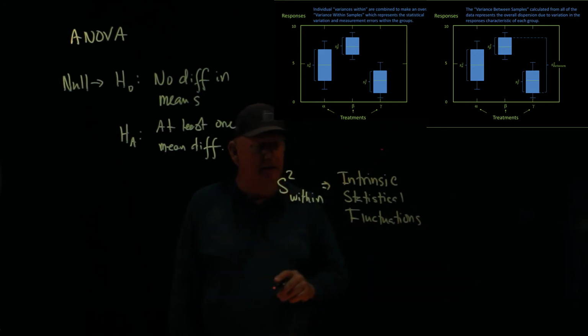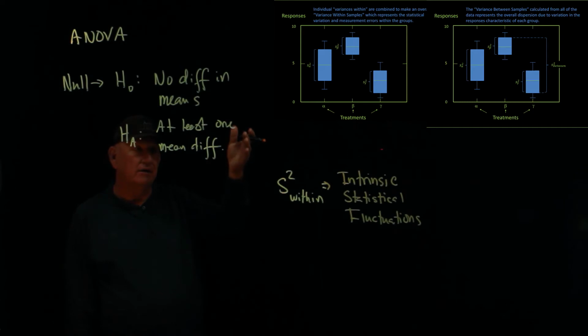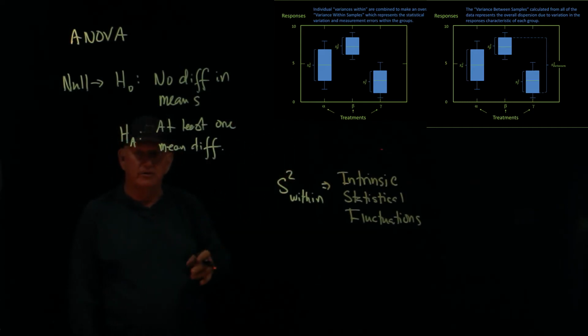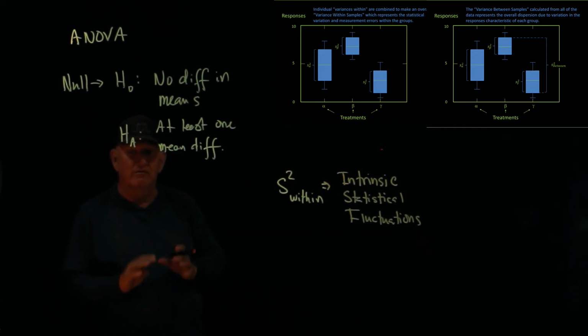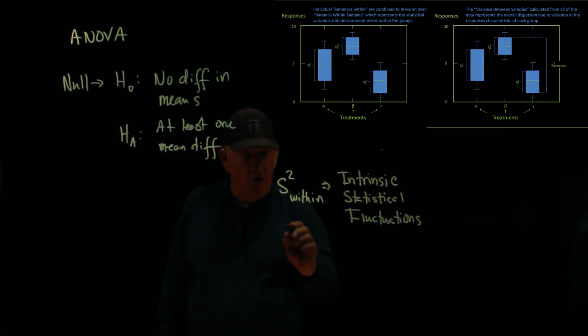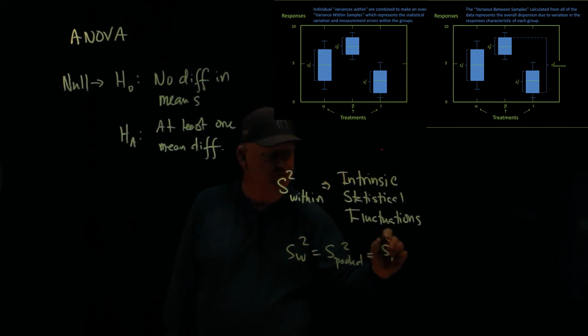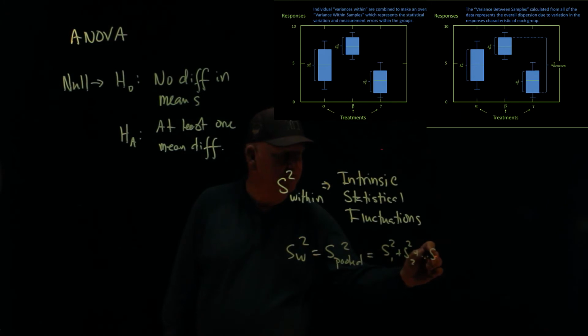Okay, and in the case that all of these three groups each have the same number of members, the same size, then this overall number, this S within, is what's called S squared pooled, and it's just equal to the first variance plus the second variance, plus all the way out, if you've got k groups, to the kth variance, divided by k.